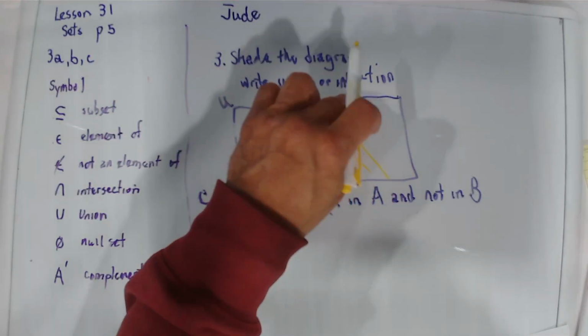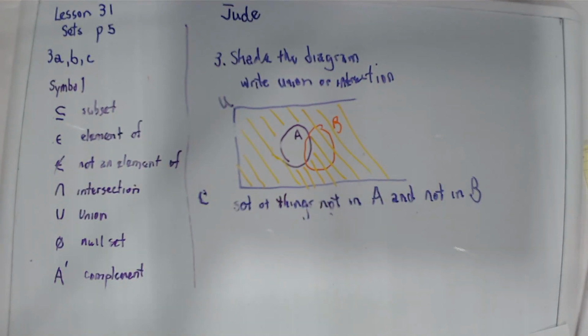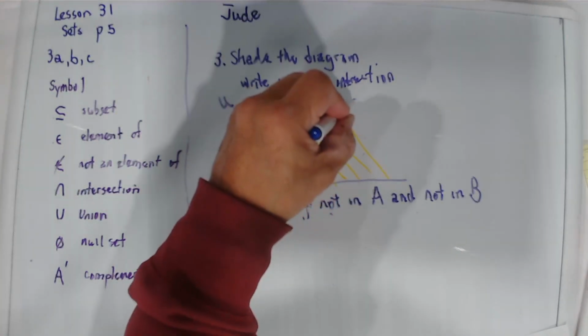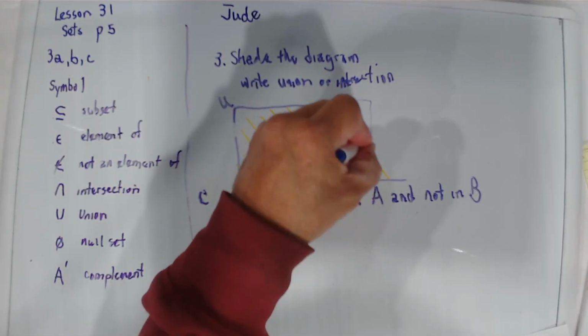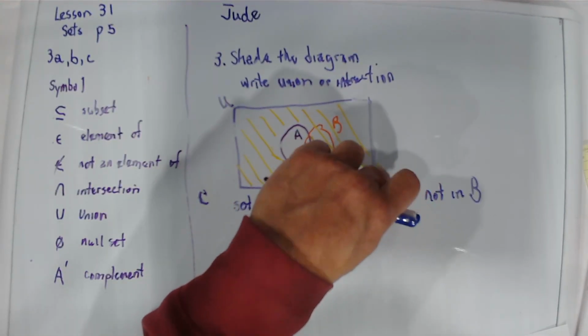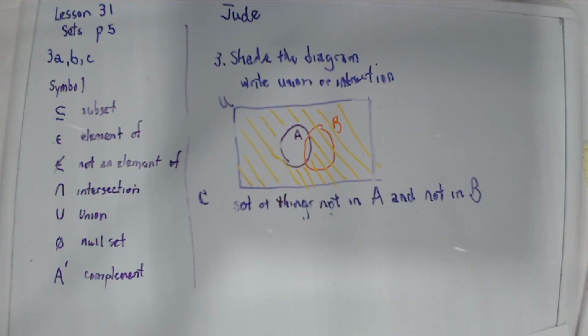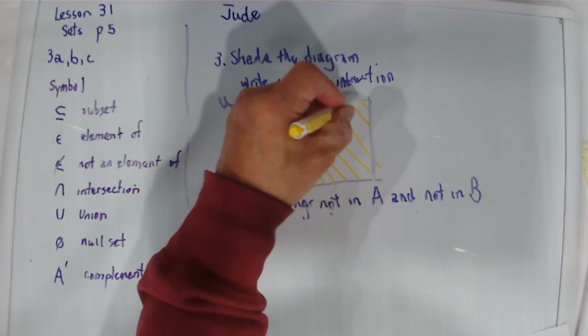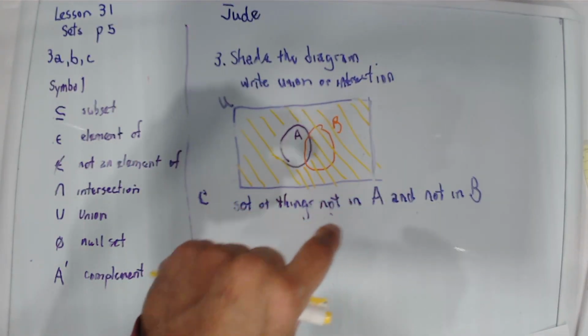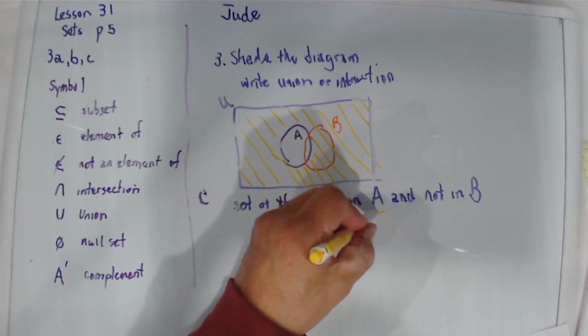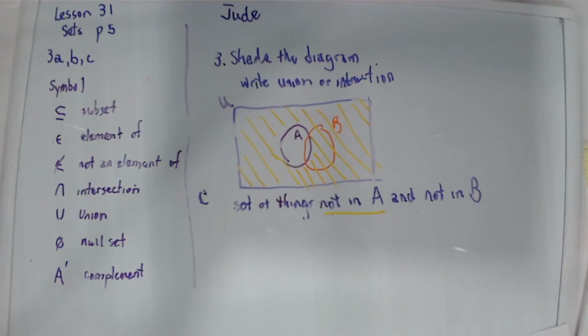I'll make our universal set a little bit smaller so it's easier to deal with. I'm just going to cut it off right there. And now all of this yellow is the not in A part. Okay, well, we got that covered.